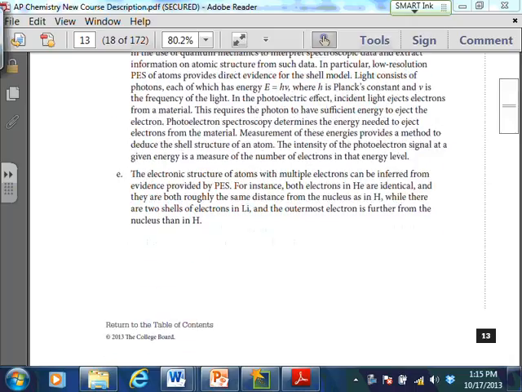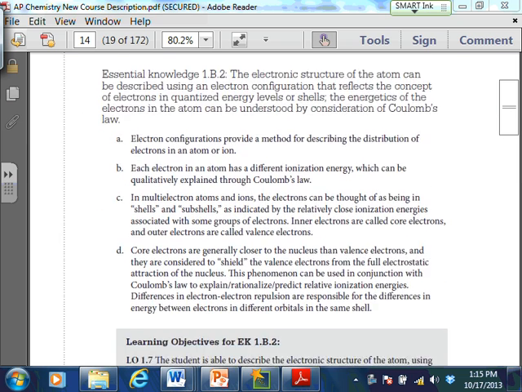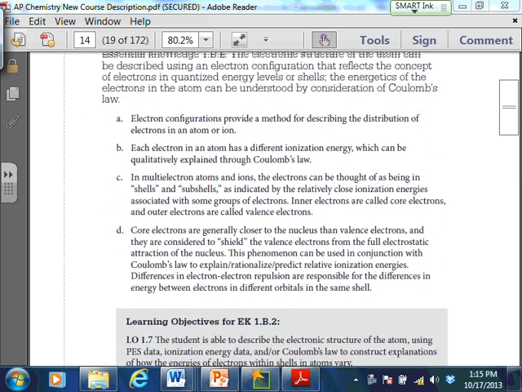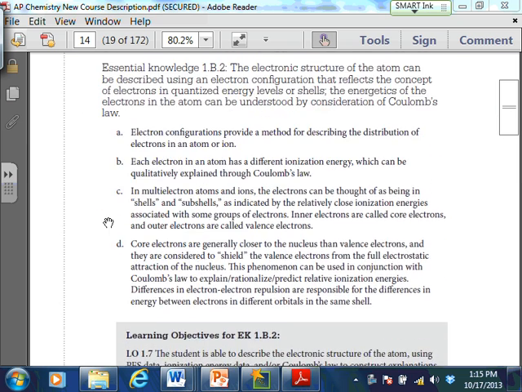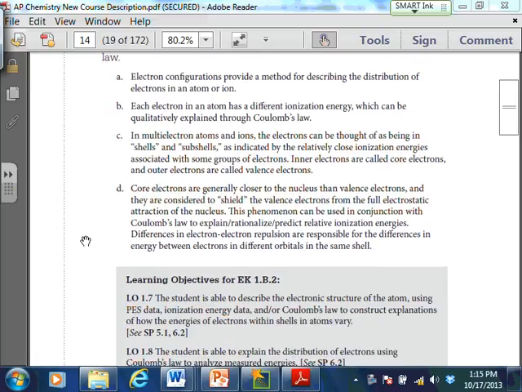Okay, 1B, 2B. I just remember liking, when I looked at this, I liked the way that they explain, especially with D right here, ionization energy. I think their wording is good, and sometimes it's better than the book's wording on these particular issues. So for example, this one: core electrons are generally closer to the nucleus than valence electrons, and they are considered to shield the valence electrons from the full electrostatic attraction of the nucleus.